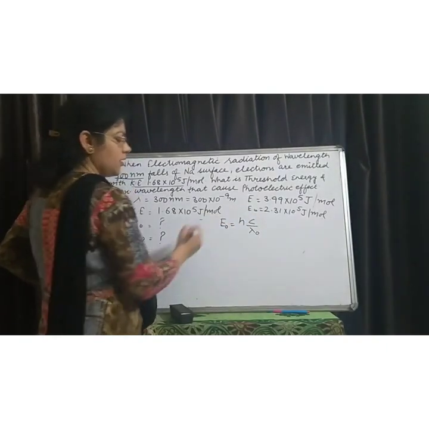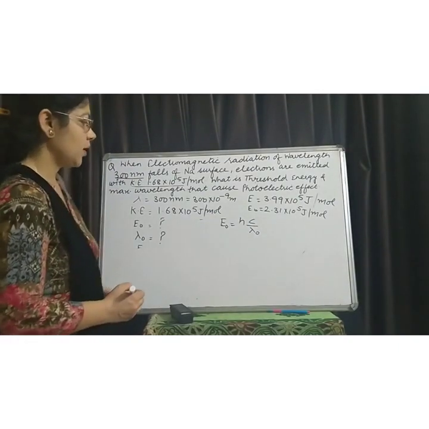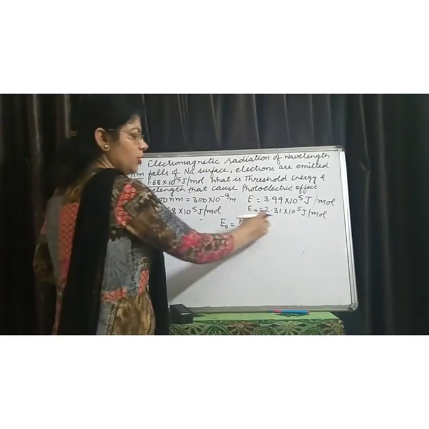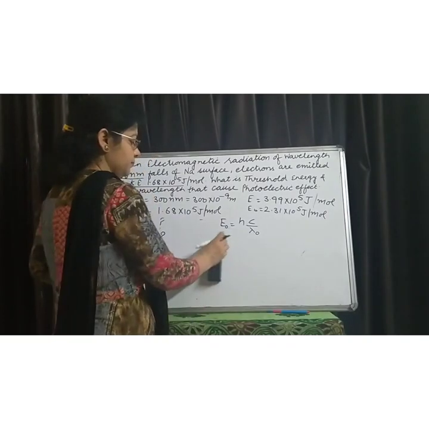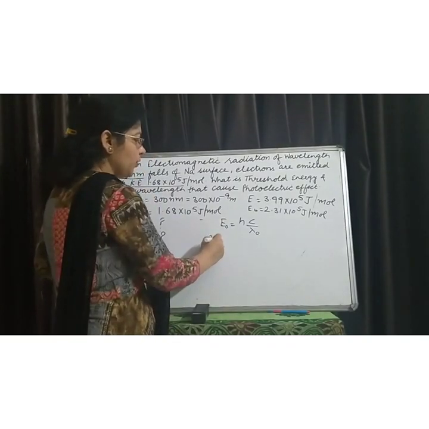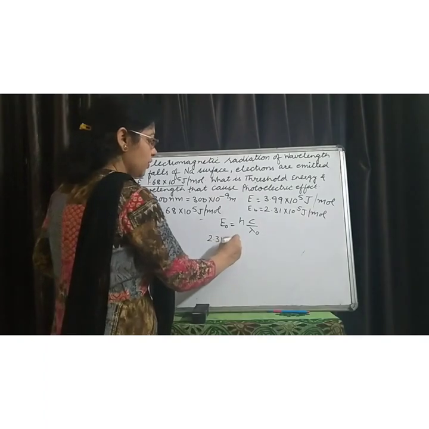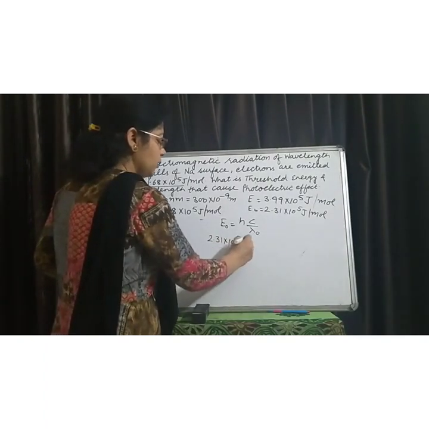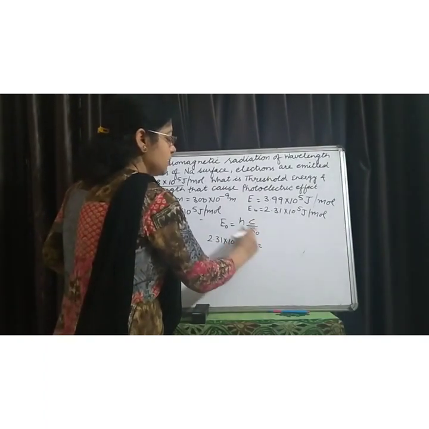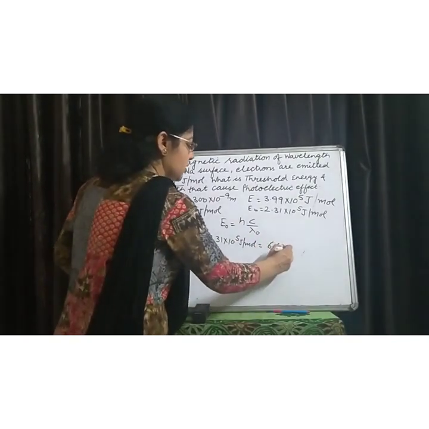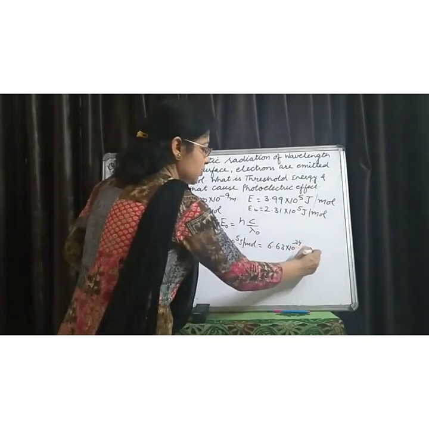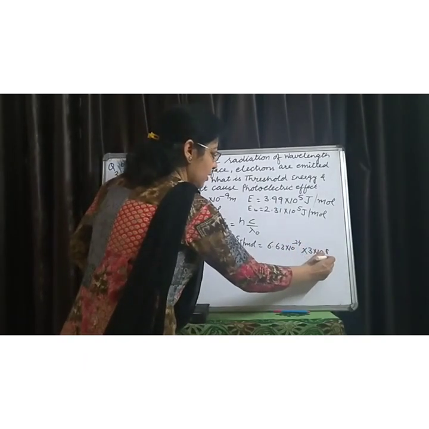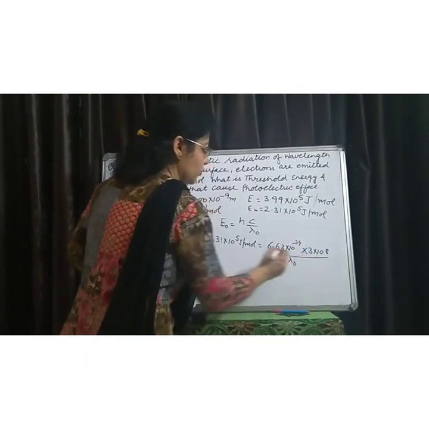Therefore, E naught, we know the value of E naught, that is 2.31 into 10 raised to power 5 joule per mole. h is constant, that is 6.63 into 10 raised to power minus 34. c is also constant, 3 into 10 raised to power 8. Lambda naught we have to calculate.